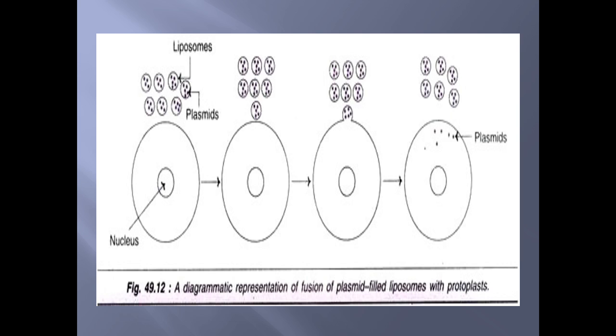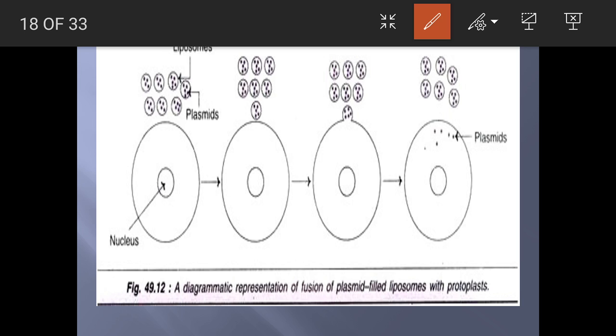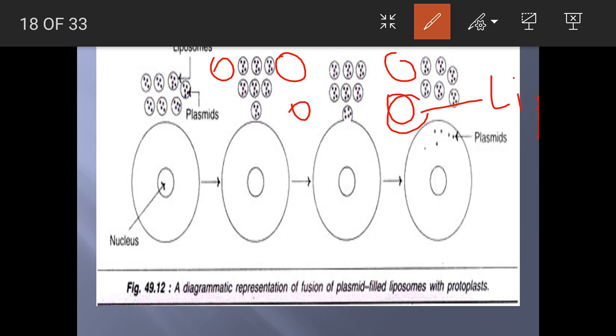In the next slide you can find these outside. What I am drawing here, consider these as the liposomes. What are liposomes? These are the bags which are mainly made up of lipids, that is, the boundary is made up of lipids.